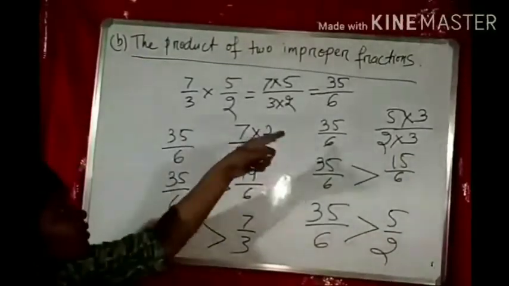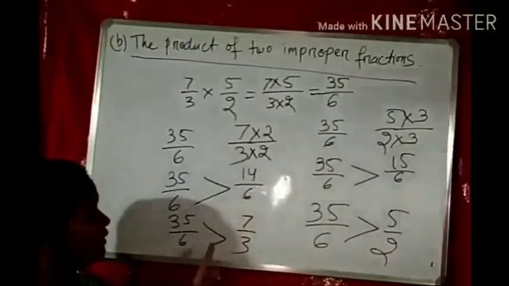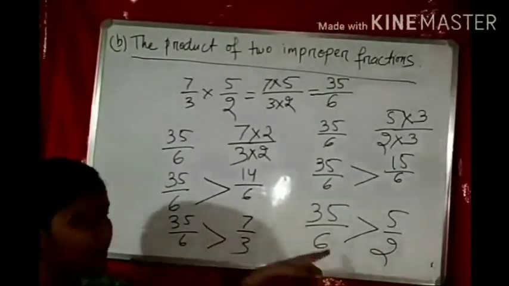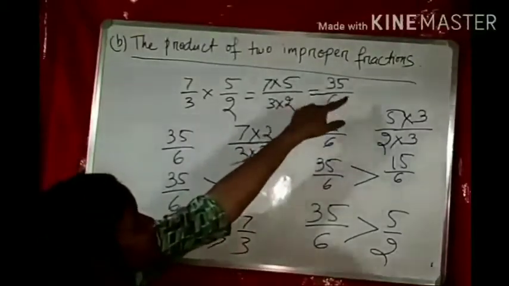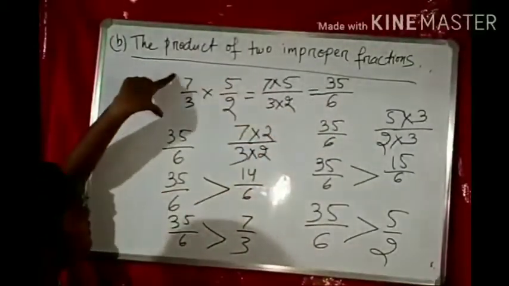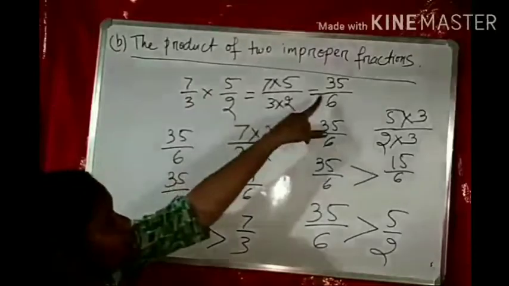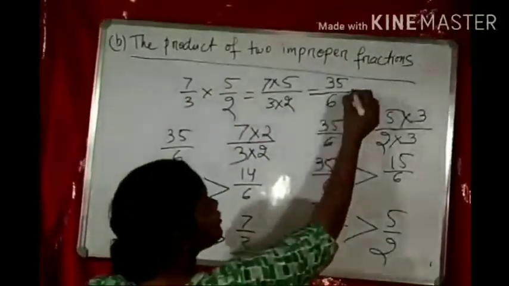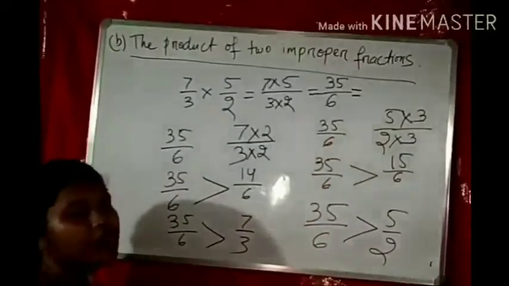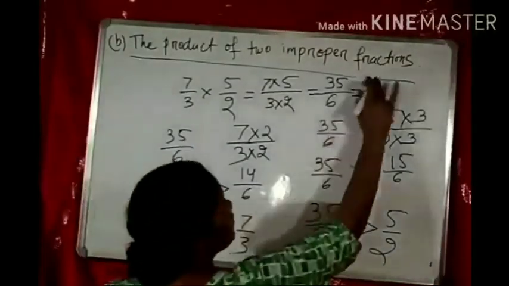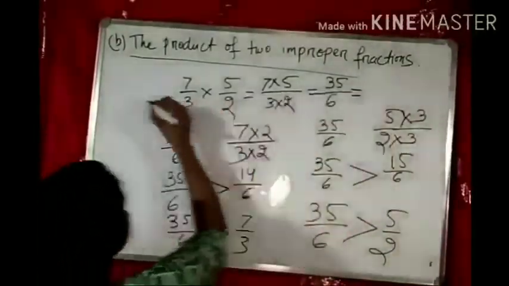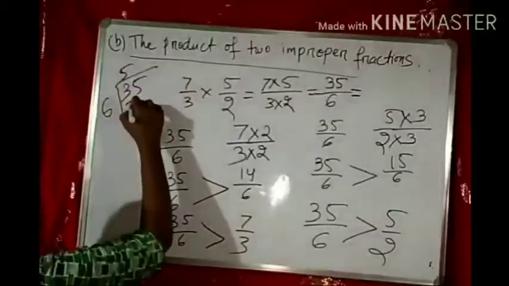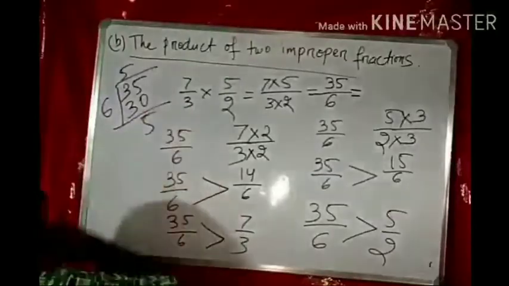So this is the product of two improper fractions where the product is greater than each fraction we have multiplied. So 35 by 6 is greater than 7 by 3 and 5 by 2. Here 35 by 6 is also an improper fraction, so we can convert it into a mixed fraction. Divide 35 by 6: 6 fives are 30, we get remainder 5.